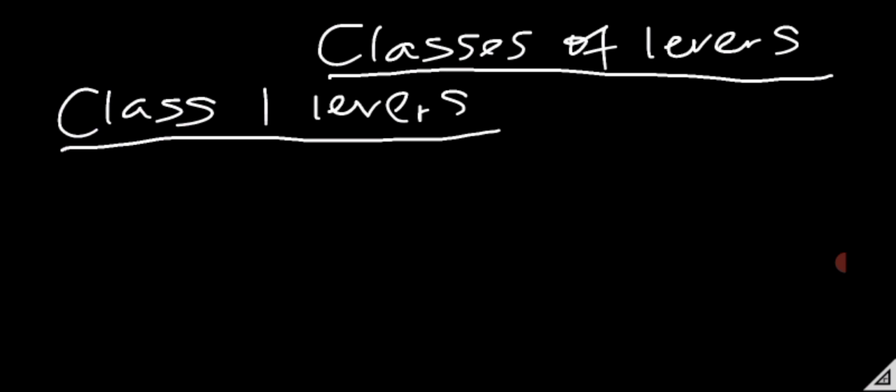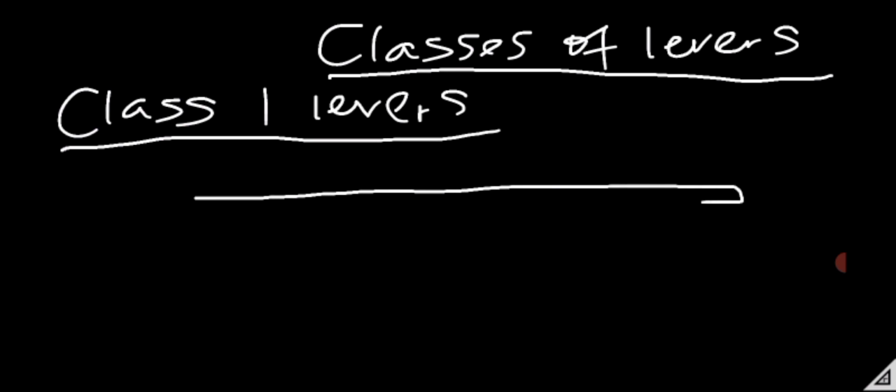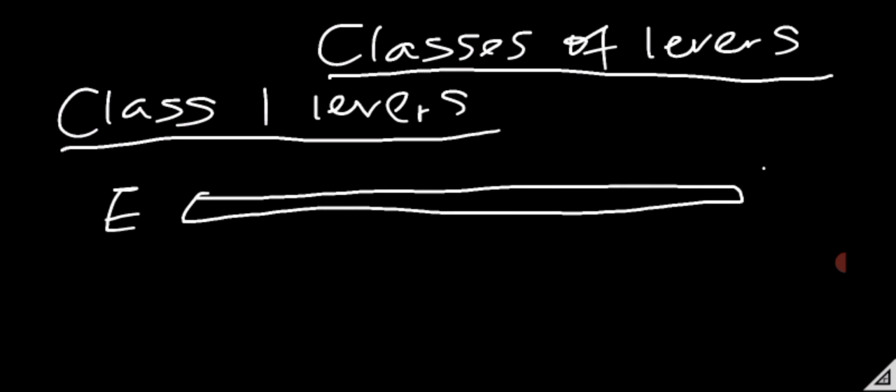A class 1 lever is a type of lever where the fulcrum, also known as the pivot point, lies between the effort and the load.